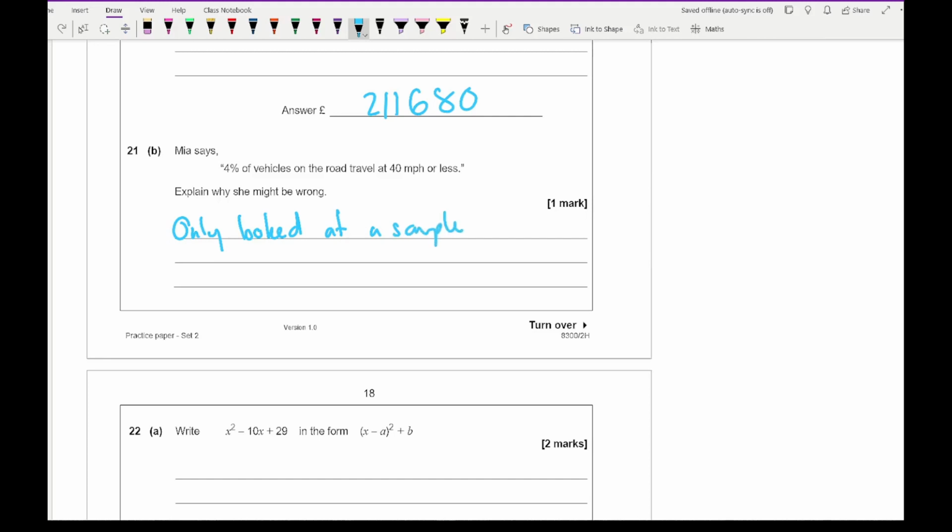Another reason could be that it's only taken at a certain time of the day. On another time or day, results may differ. So something along those lines would be absolutely fine.